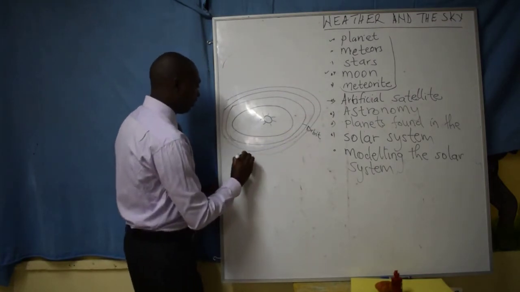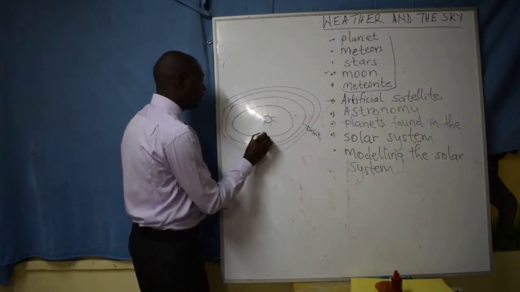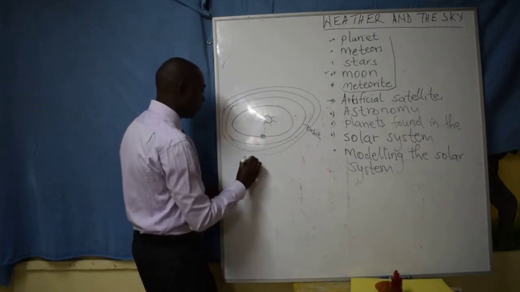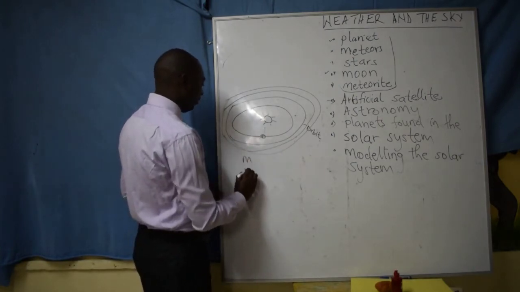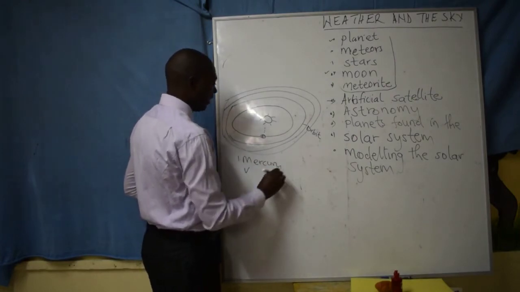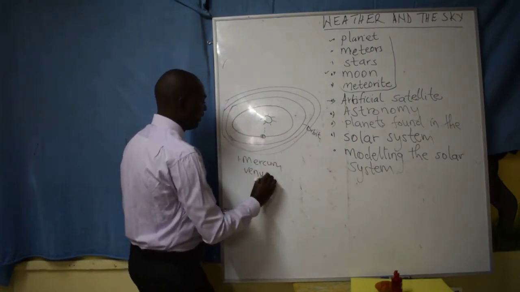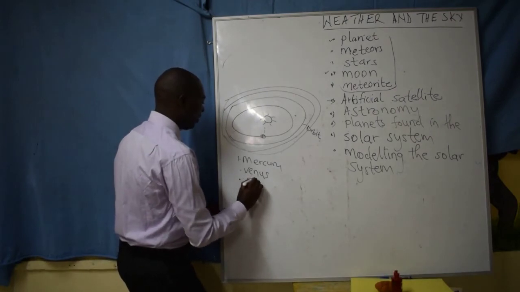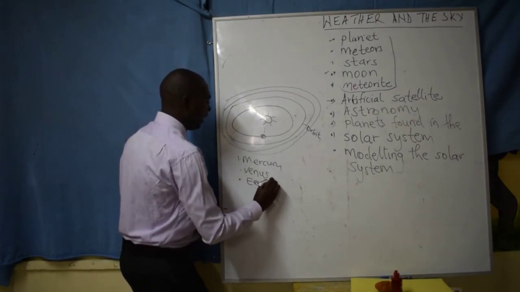I'll give the order from the first one to the sun. The one that is closest to the sun is known as Mercury. Then we have Venus, which is second. Then we have Earth. We have Mars.